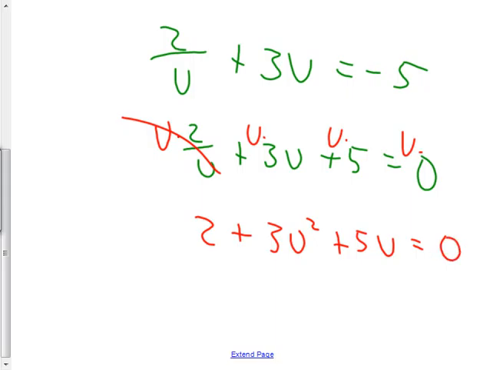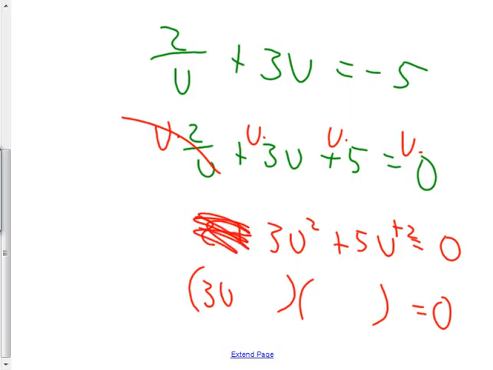Now it factors. This is why this is such a hard problem, because there's like 10 steps. Did you see the factoring already? Yes. You seem to be model student today. I'm just picking on you then. 3u. Should I put this plus 2 at the end? Would that make it easier? That's the way they usually are. Okay, go ahead.